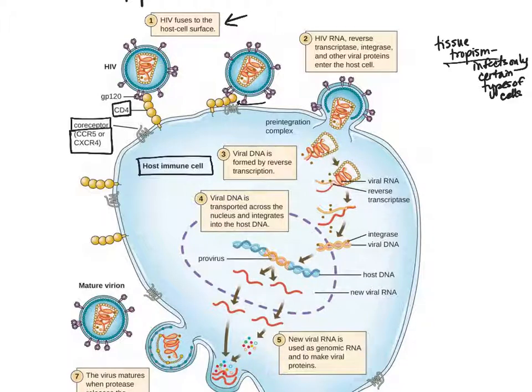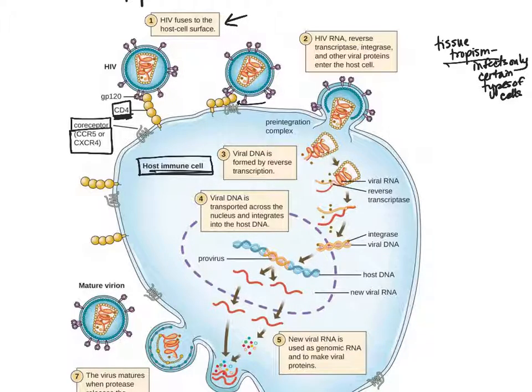And this is important because HIV has tissue tropism, which means that it only infects immune system cells, and only immune system cells that have the CD4 receptor, which are only some types of immune cells. And we'll look at that again in chapter 18 at the end of the semester. So it is going to attach to our immune system cell. It's going to co-attach to, or use, the co-receptor, the CCR5, and then that tells the cell, okay, go ahead and bring this in.